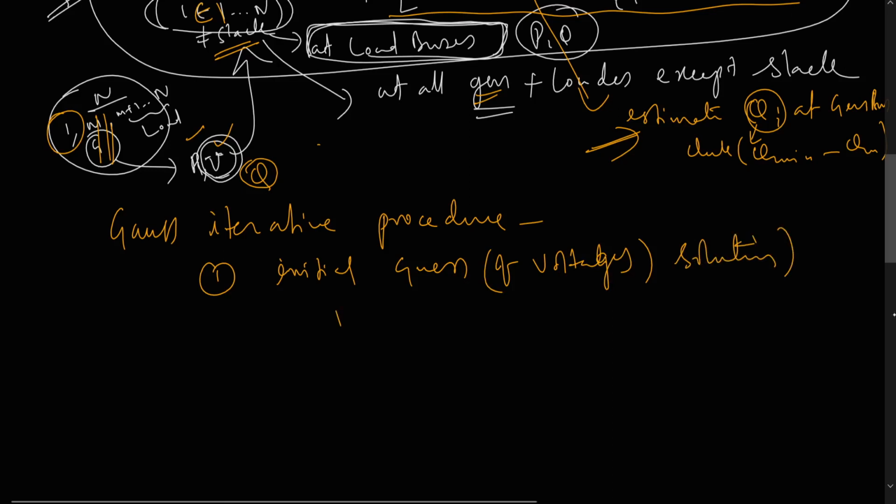So our voltages V1 to Vn except slack have to be assumed to be 1 at an angle 0. This is called the flat voltage start.